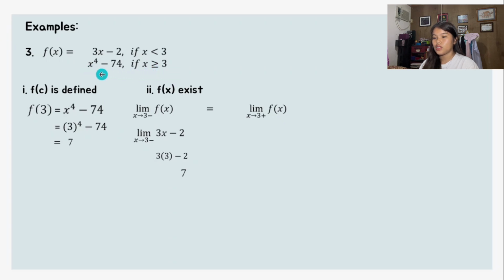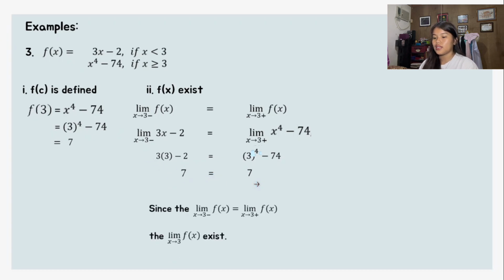So its function is going to be x to the power of 4 minus 74, and that will become limit of x to the power of 4 minus 74 as x approaches 3 positive. And then again, just substitute our x, and that will become 3 to the power of 4 minus 74. And if we put it in calculator, it will become 7. So as you can see, 7 is equal to 7.